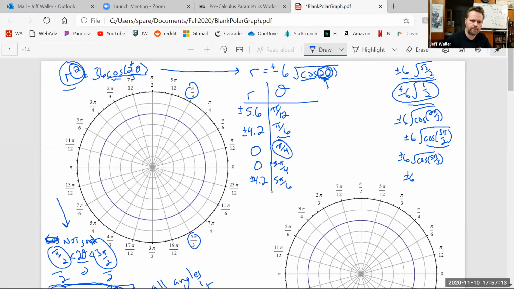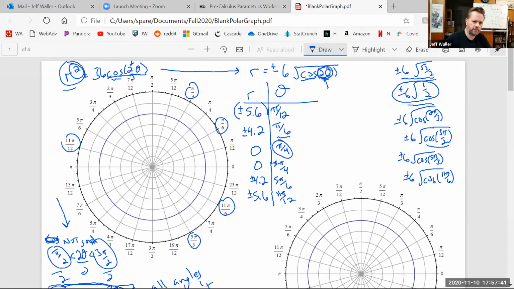So it's going to build back up, it looks like. I can almost bet that if I plug in 11 pi over 12, I'm going to get cosine of 11 pi over 6 after I double it, which again is going to be the same thing as pi over 6, which will match up with this answer.